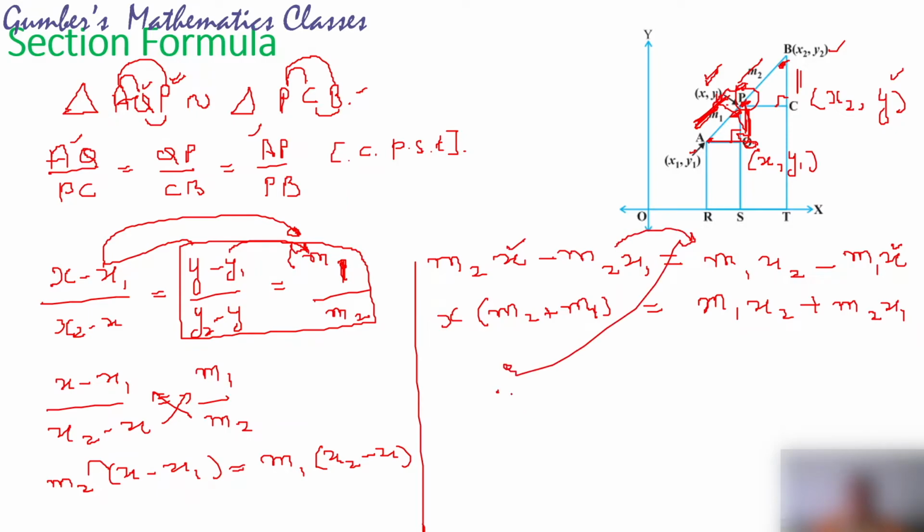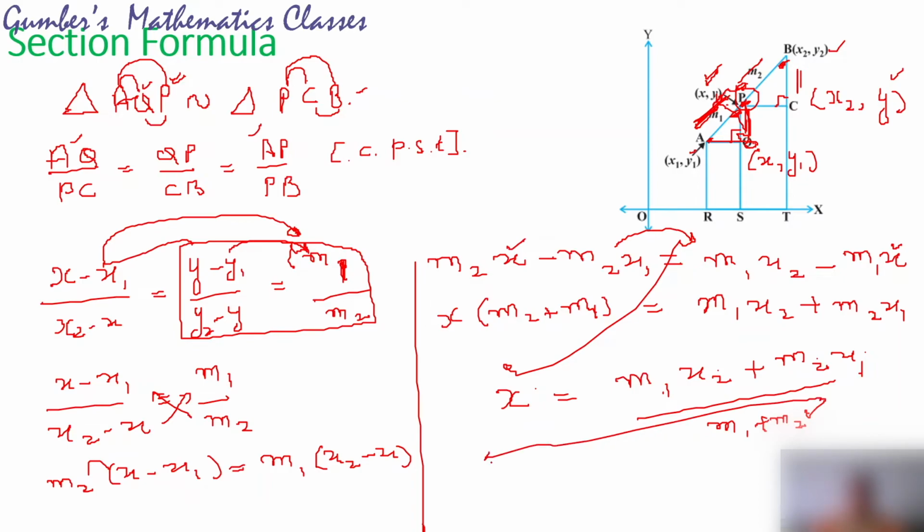Now we are supposed to find the value of x. x is equal to (m1x2 plus m2x1) divided by (m1 plus m2). This is our section formula related to the x coordinate that we have found. Similarly, we can find it for y. With x2 we have m1, with x1 we have m2, and in the denominator we have the sum of the ratios, m1 plus m2.